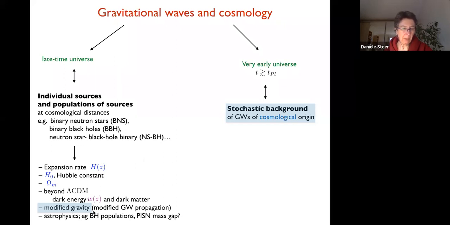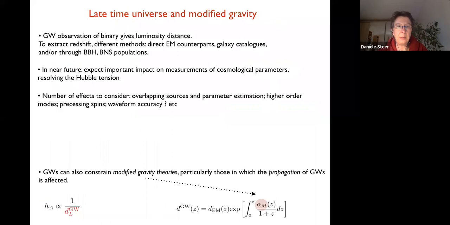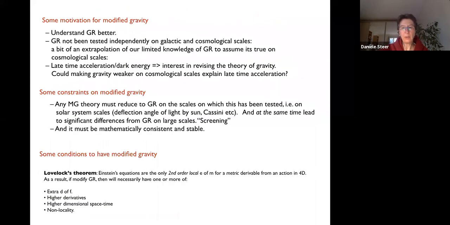Now, many people, and indeed you've had lectures on modified gravity, are interested in theories which are not general relativity, or beyond general relativity. So how can you test those theories with binary systems? So I'm sure Shinji Mukoyama gave you some motivation for modified gravity.